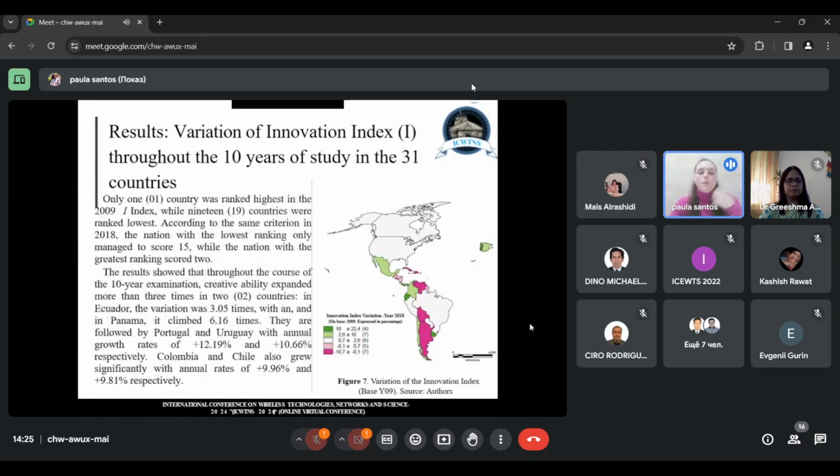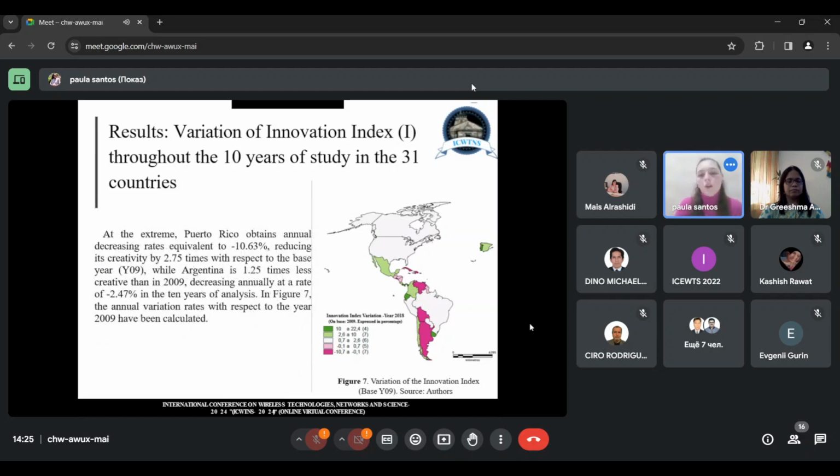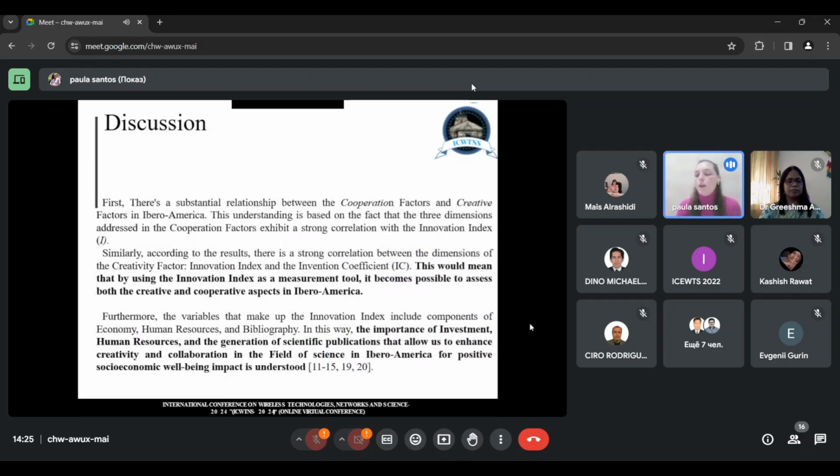But if we pay attention, we can also see that there are more countries that have increased their creativity than reduced it. And so, in this way, we can understand that the innovation index is a measurement tool that makes it possible to assess the creativity of both factors, the creative and cooperative aspects, in Ibero-America.